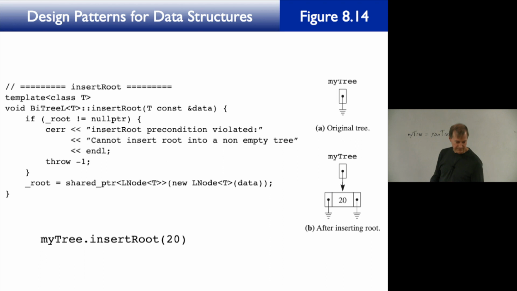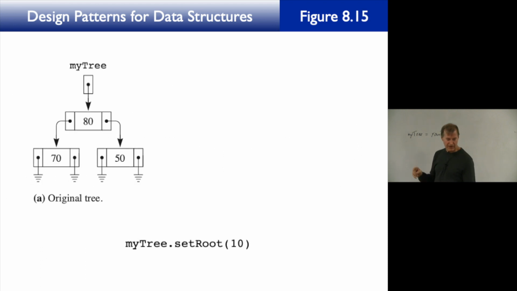Now this next one, figure 8.15, is an example of doing set root. Suppose that my tree has a root of 80, and 80 has a left child of 70 and a right child of 50, and neither one of those has any children. Suppose that's the original tree. Do you remember when we did my tree.set root 10?